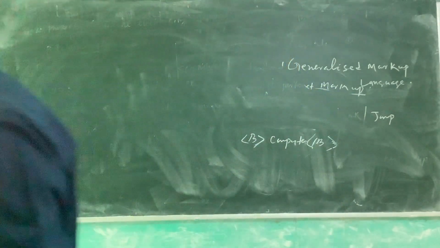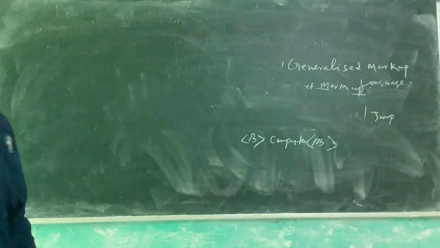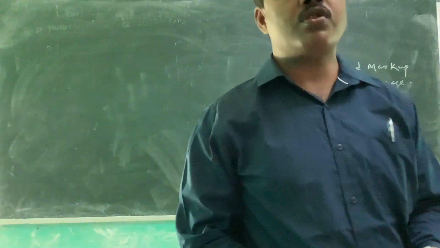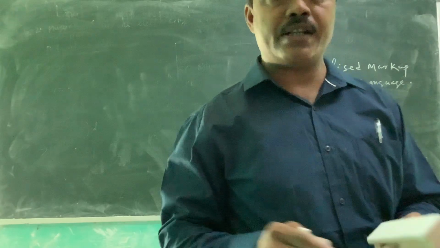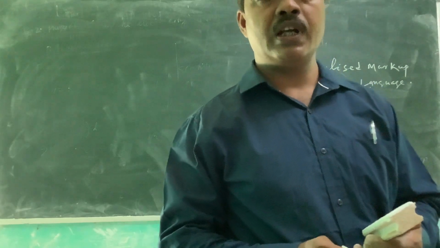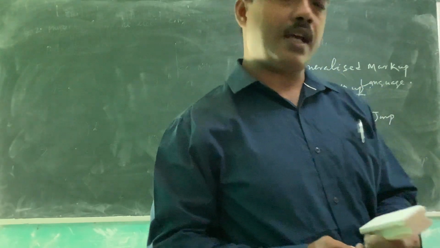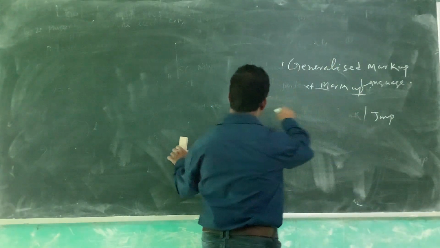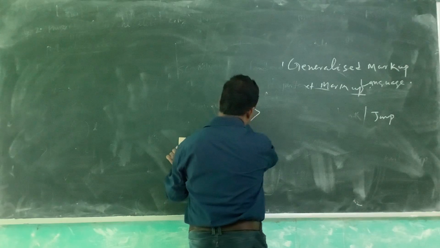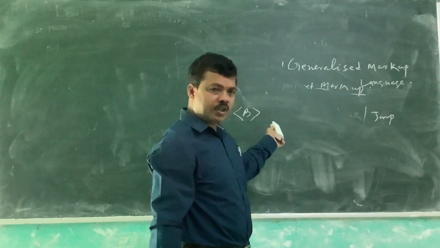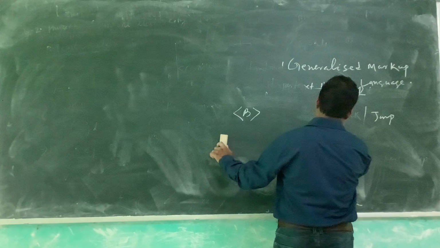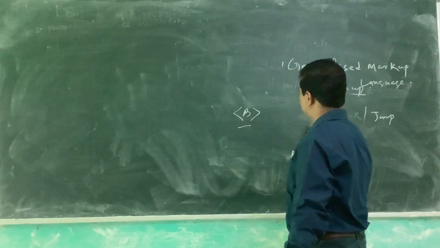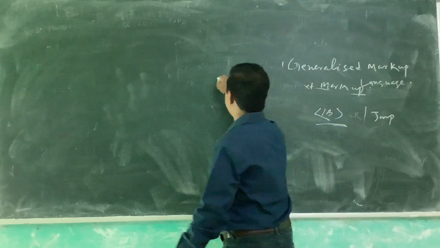Each and every tag must be enclosed between angle brackets, or between less than and greater than signs. If a tag has an opening portion and a closing part, this tag is known as a paired tag.